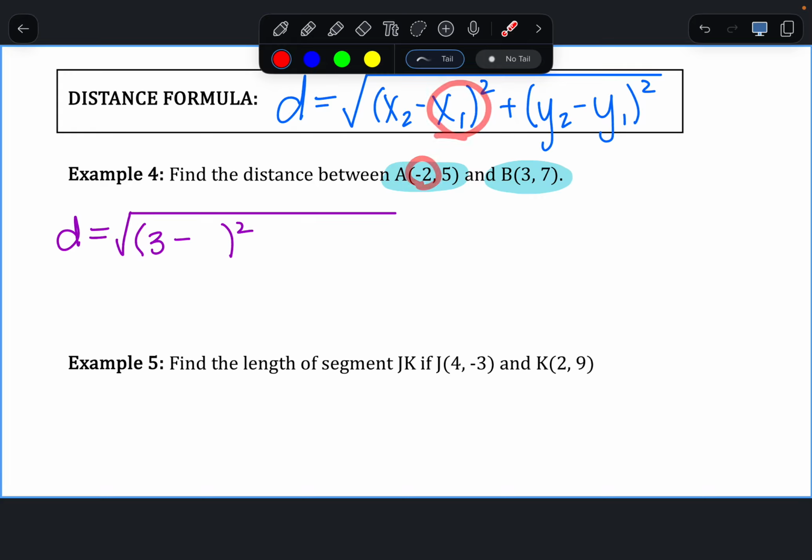So we have 3 minus negative 2. Then we have y2 minus y1.